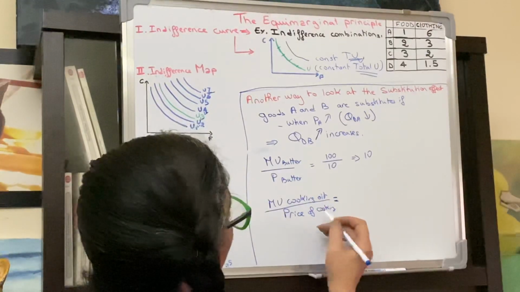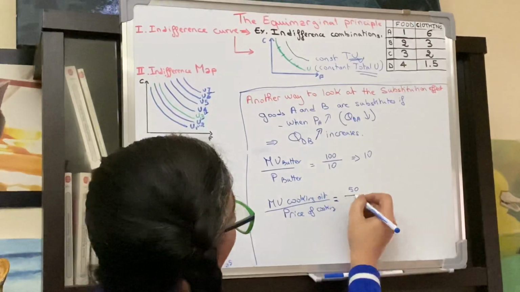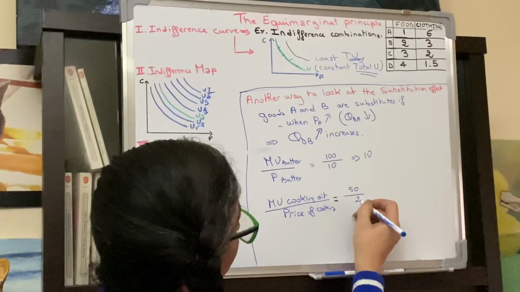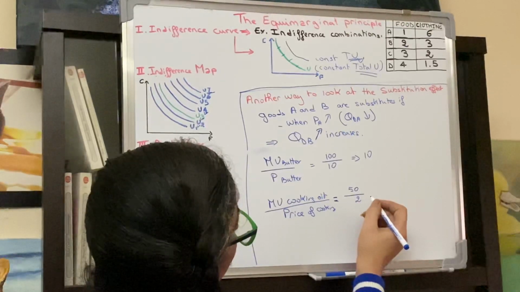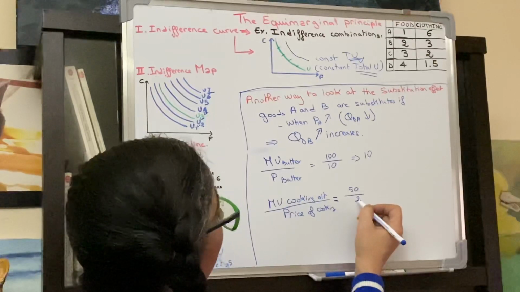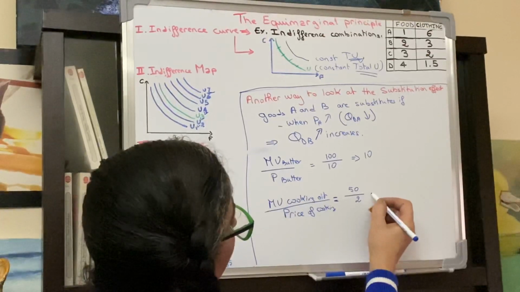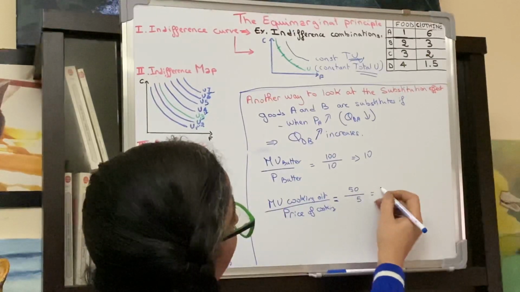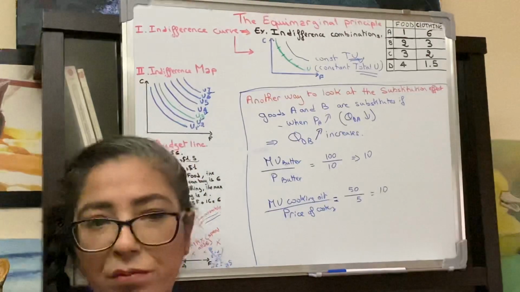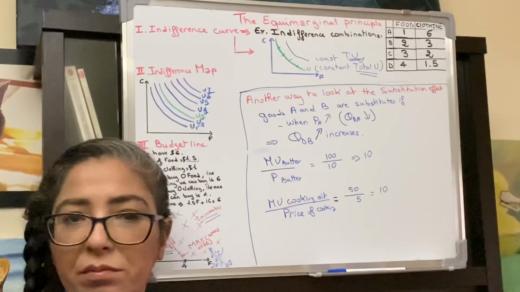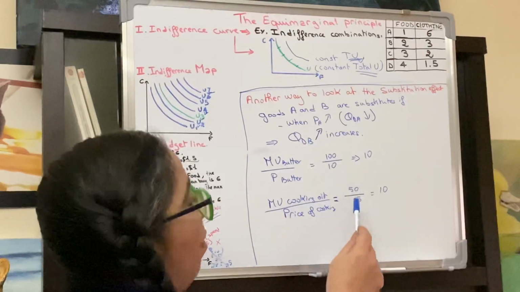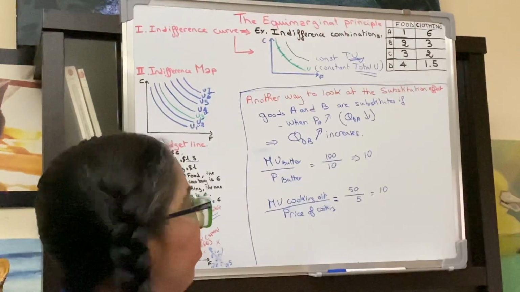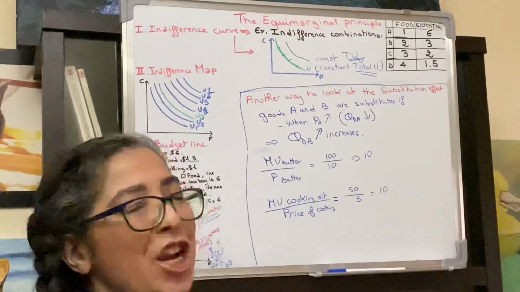Cooking oil, let's say 50 over 2, which gives me 25. Now I want it a bit higher, so right now I'm indifferent. 50 over 5 gives me 10. Right now I'm maximizing my utility. I can buy this one or this one, same thing for me. So 10, 10.